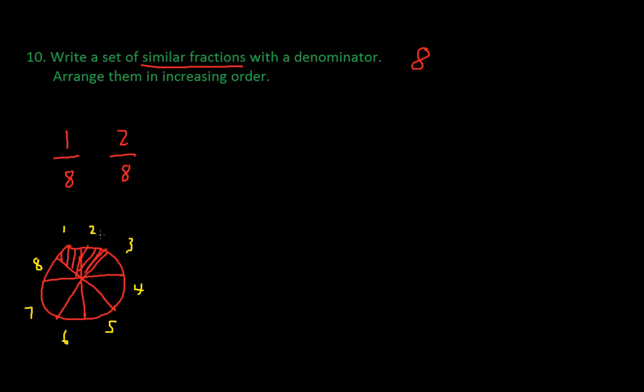We would have 1/8 plus another 1/8, which would be 2/8. And if we wanted to keep going for another increase, let's go 4/8. So 4/8 would look like this. And we could keep going. We can even go to one more, 5/8, and 5/8 would look like that.